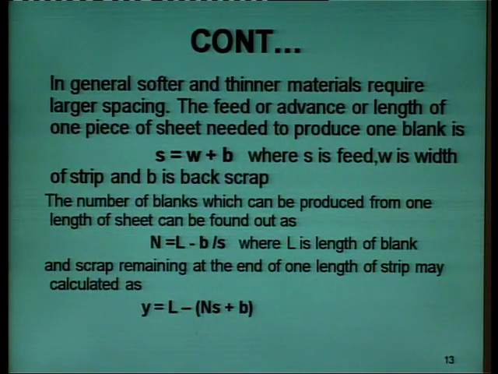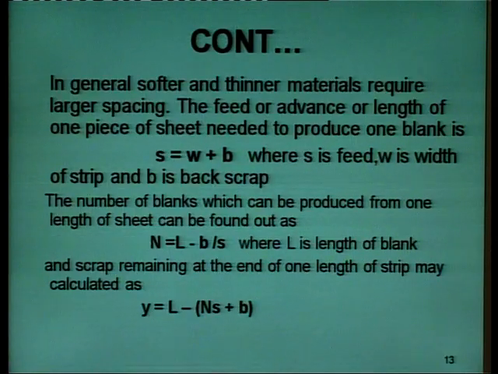In general, softer and thinner materials require larger spacing. Now, the feed or advance, that is, the length of one piece of sheet needed to produce one blank, is given by the formula S = W + B, where S is the feed or advance, W is the width of the strip and B is the back scrap.